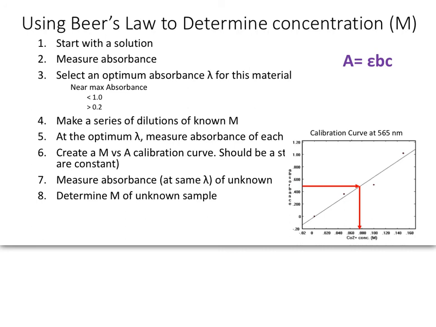So let's say I have this calibration curve, I put in my sample, and it gives me an absorbance right here. I just read the graph and I come over to the concentration and I can read off the graph what my concentration is. So that's what we're going to be doing.